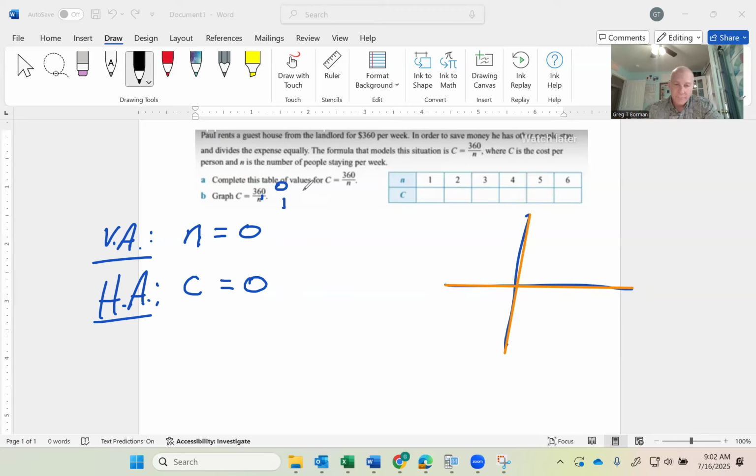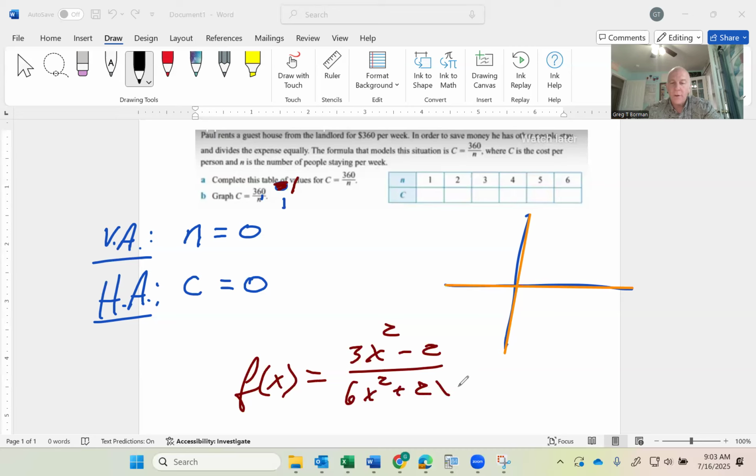Okay. And again, if the degree of the numerator and denominator were the same, like f of x equals (3x squared minus 2) over (6x squared plus 2x minus 1) or something, then the horizontal asymptote would just be y equals the leading coefficient of the top divided by the leading coefficient of the bottom.